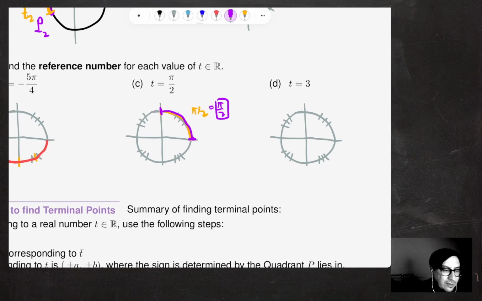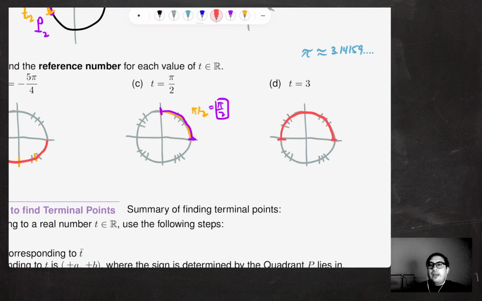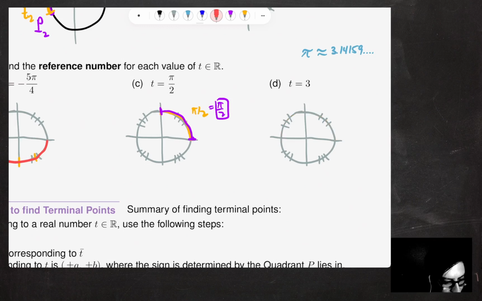Now, if you have your calculator, what is approximately pi? 3.14159, blah, blah, blah. So remember, pi was exactly half of the circle. And 3 is, I don't know, somewhere over here.